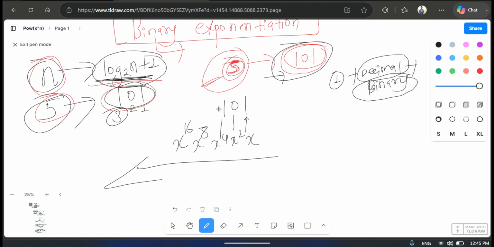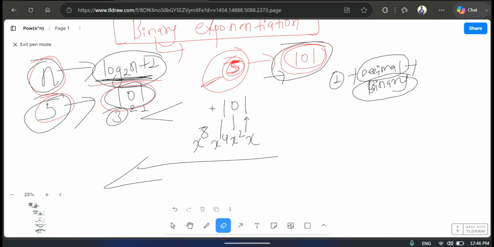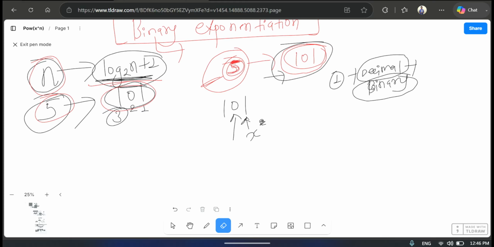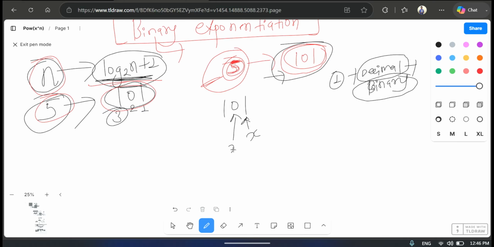So what I'm trying to say is, if you have 101, which is a binary value, this place can be represented as x. This can be represented as x square, and this particular value can be represented as x to the power 4.